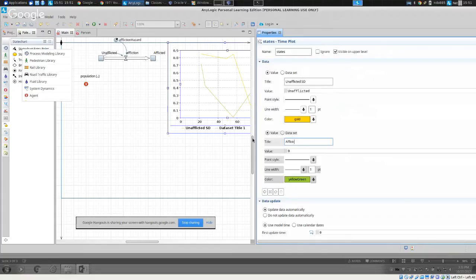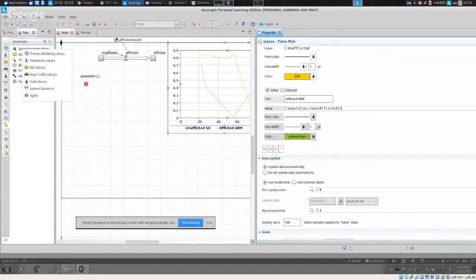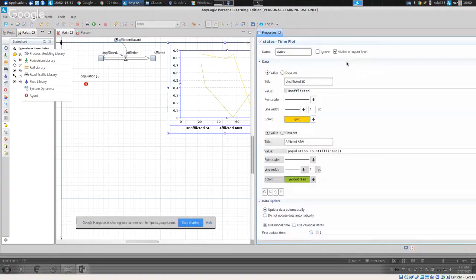I'm going to say afflicted ABM, and I'm going to put in the value population dot count afflicted. If I had presence of mind, I would have made it unafflicted because I had forgotten we were presenting the number of unafflicted.